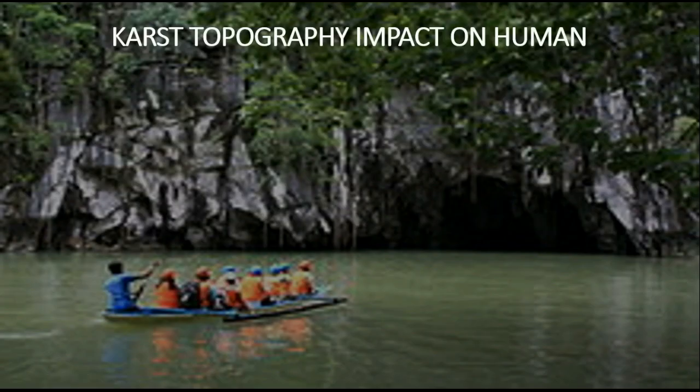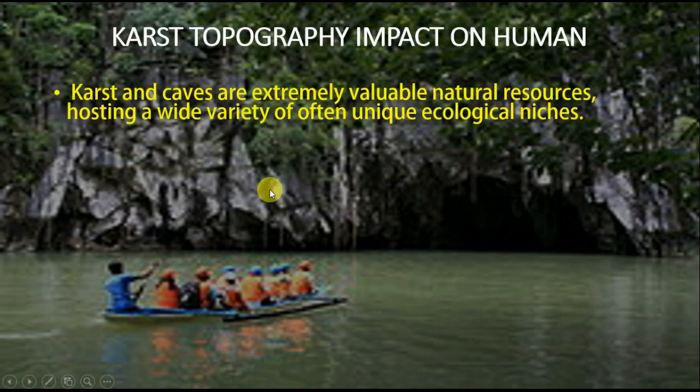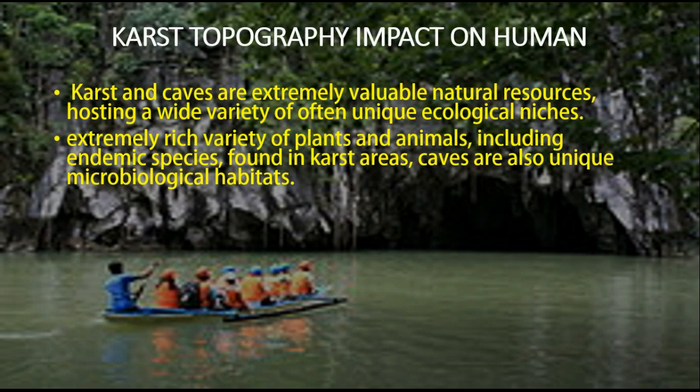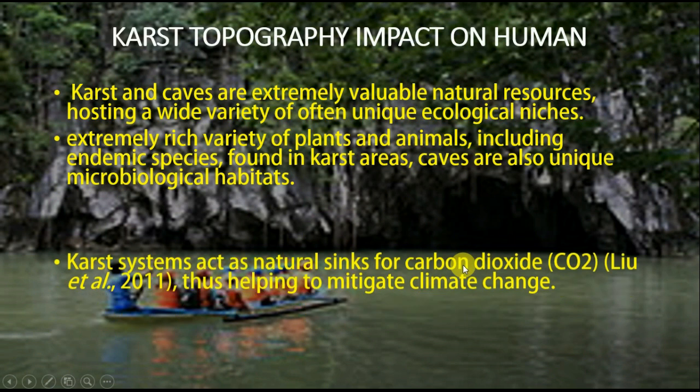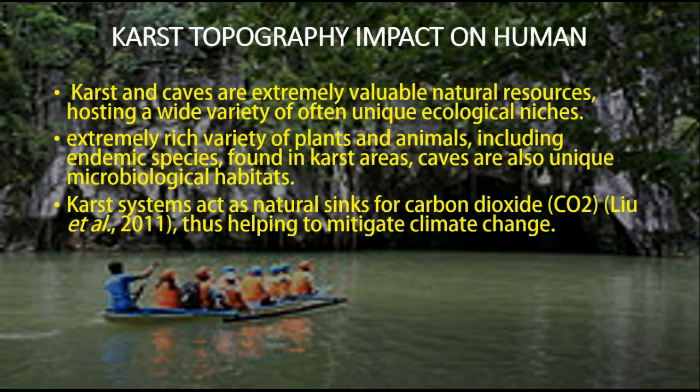Now let's talk about how this topography affects human life. These are extremely valuable natural resources hosting a wide variety of often unique ecological niches. Cave and karst areas have unique microbiological habitats. Karst systems act as natural sinks for carbon dioxide, thus helping to mitigate climate change.